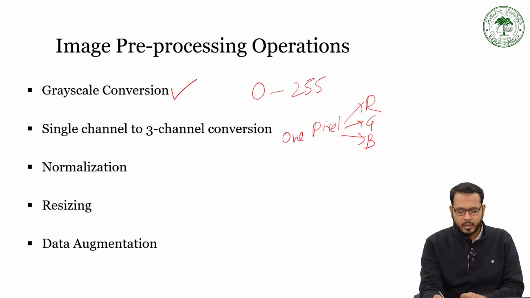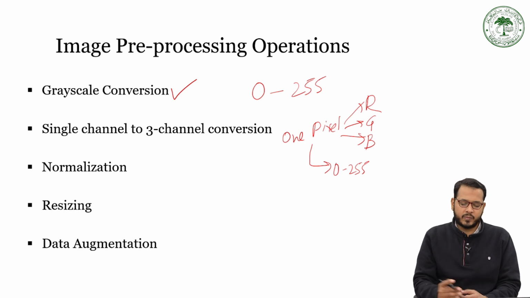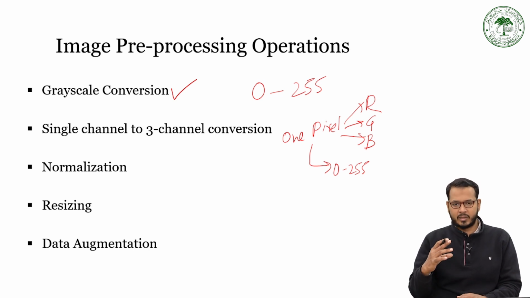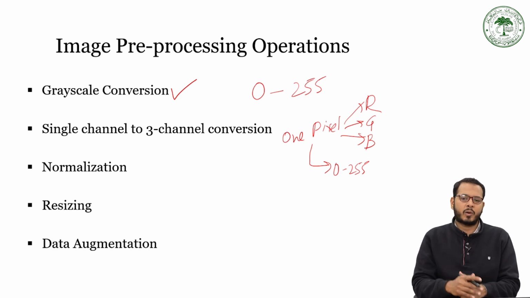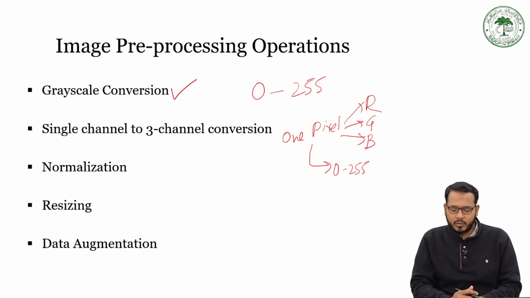But when we convert that into a grayscale image, then the same pixel has only one value ranging between 0 to 255. So you can consider that this pre-processing step of grayscale conversion reduces the complexity of the overall data set by 1/3, because now we are not keeping 3 values, we are having only one value.